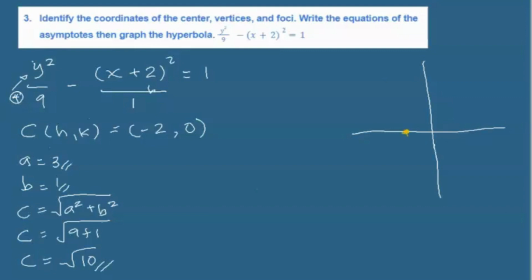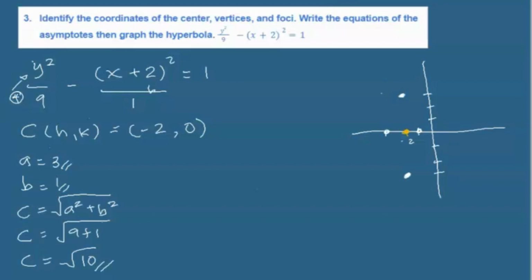So it's here. a is under y squared, so it means we go up 3 units above the center and 3 units below. Okay, and our b is 1, one unit.